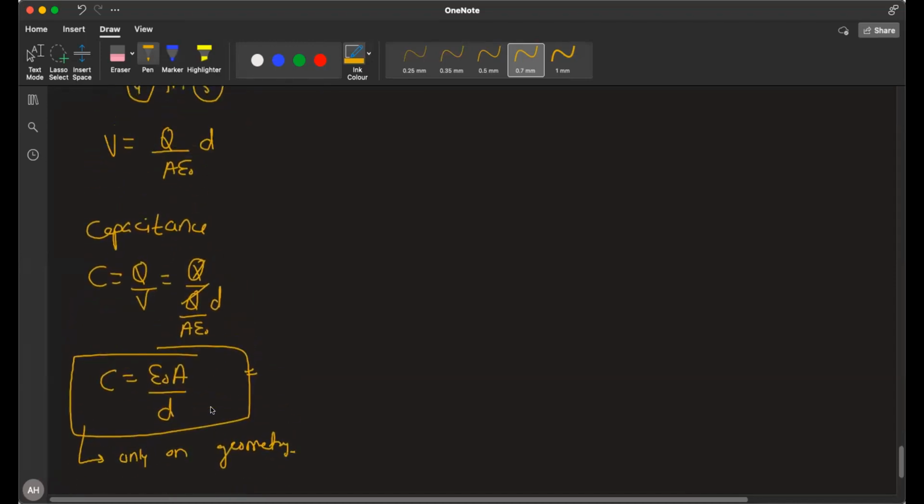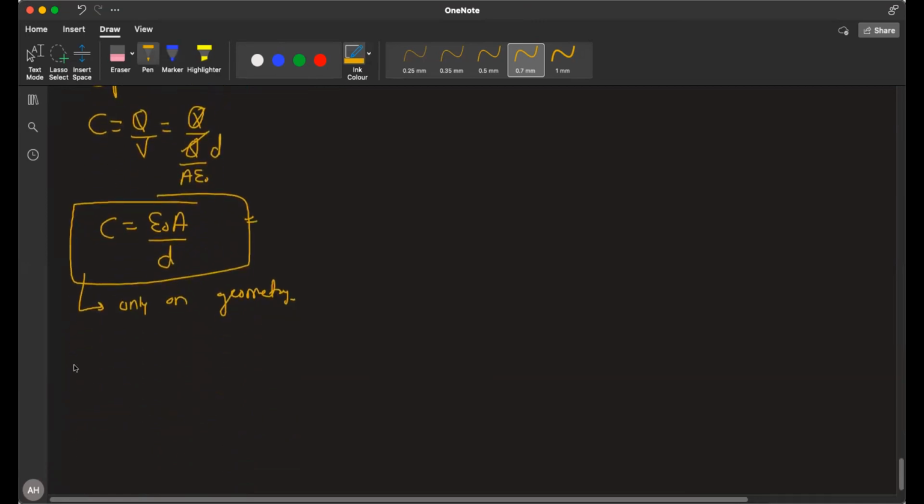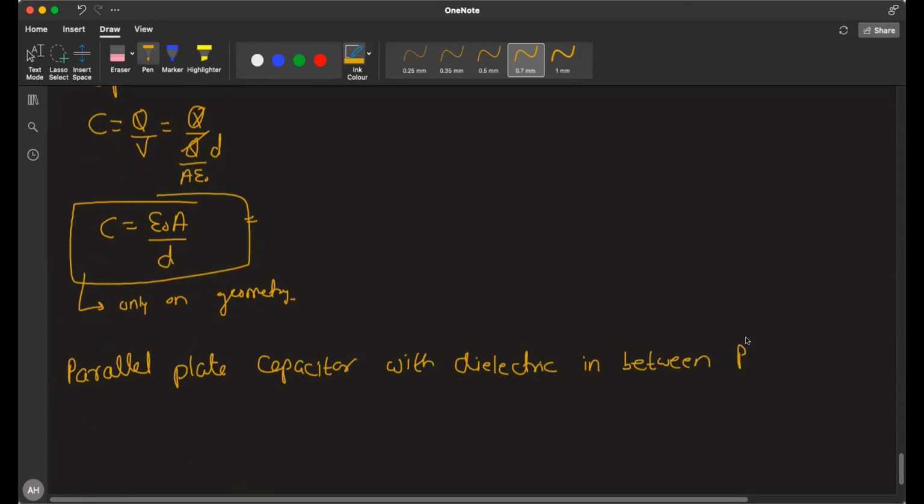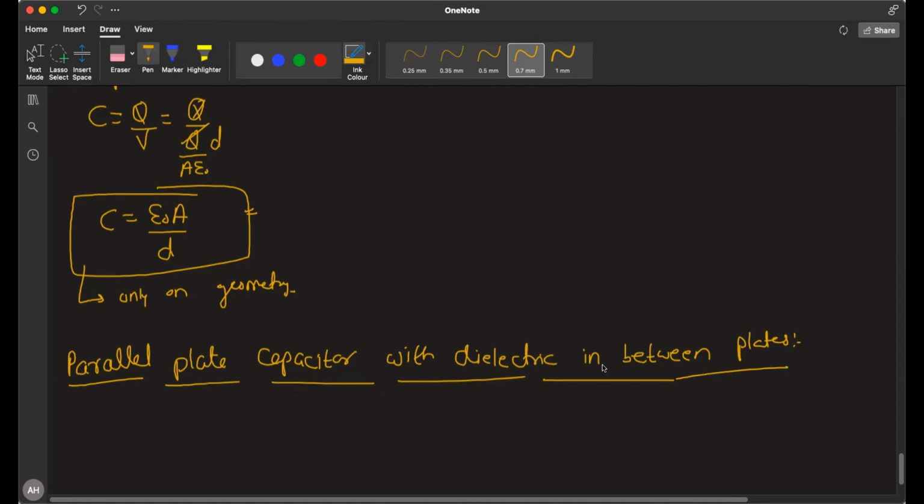So this was the capacitance of a parallel plate capacitor when you have air between the plates. But if you have some other medium, a parallel plate capacitor with a dielectric between the plates, then you have to decide what the capacitance is.